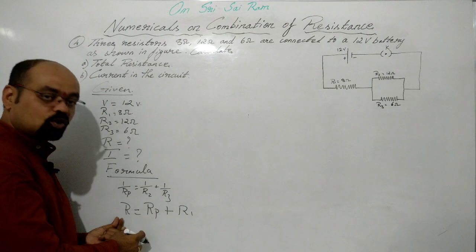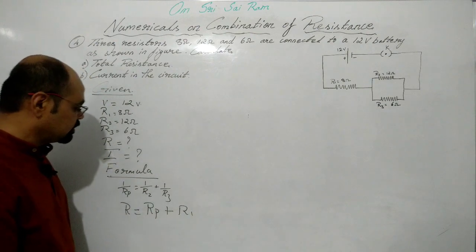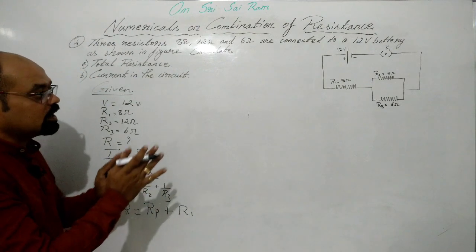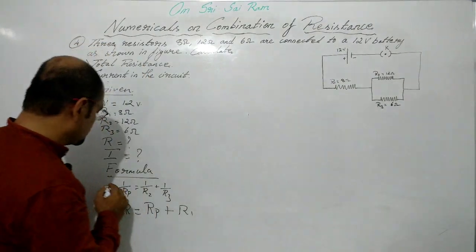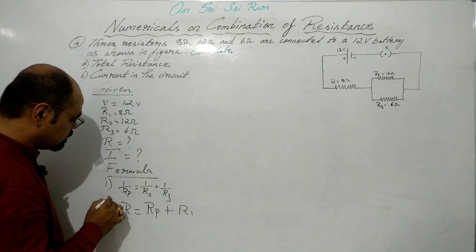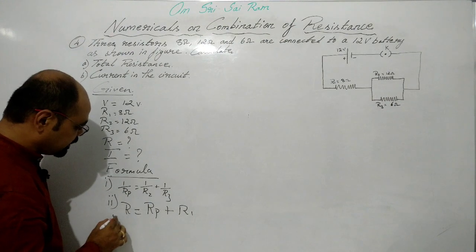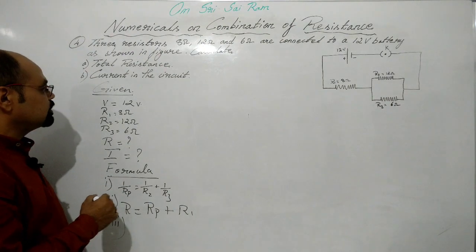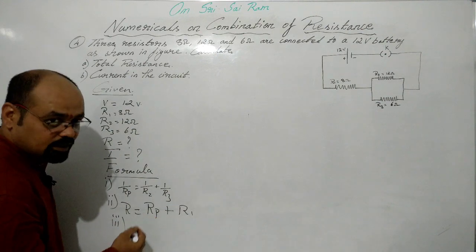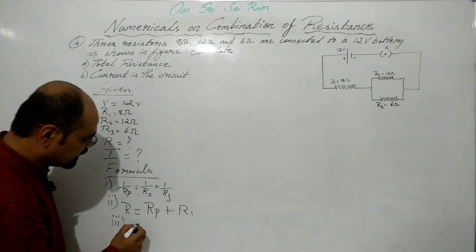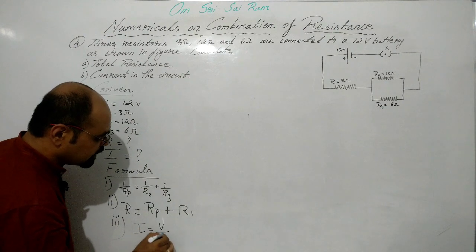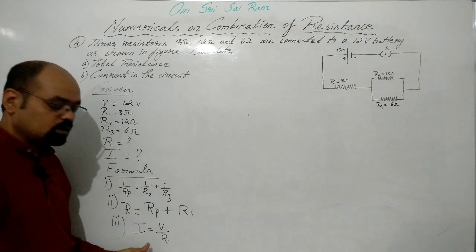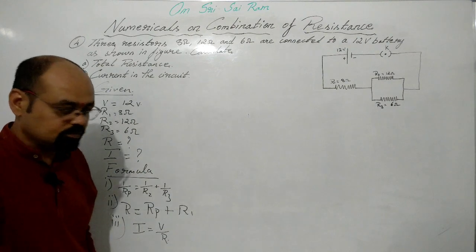That will be the total resistance. So this is the formula we use to calculate the total resistance, and this is number 1, number 2, and number 3. We have to calculate the total current. Once we get the total resistance, we can calculate I is equal to V by R. We have already studied this formula in Ohm's law.